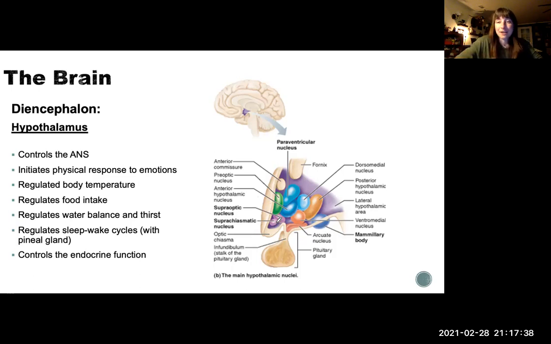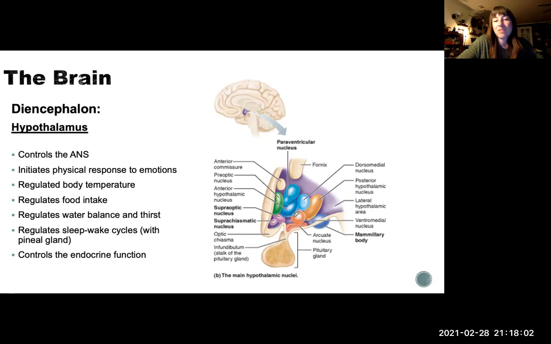So that, along with your pineal gland, again, that is going to regulate your circadian rhythm, right? And then it's also going to control endocrine function. Lots of your endocrine messages or signals start here at the pituitary gland, which you'll notice is very closely connected to the hypothalamus.